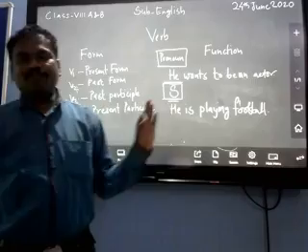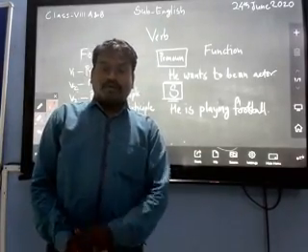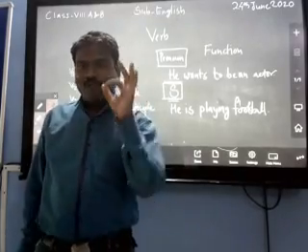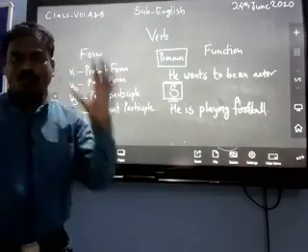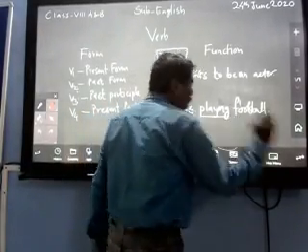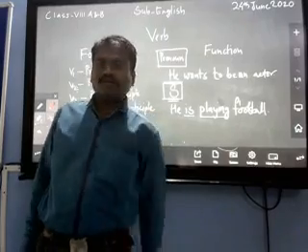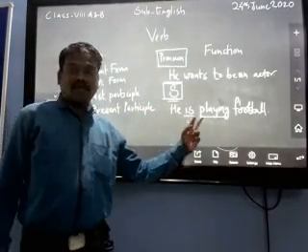Now, when we speak of the form of the verbs, we have two forms in the sentence: is and playing. These are the two forms used in the sentence.